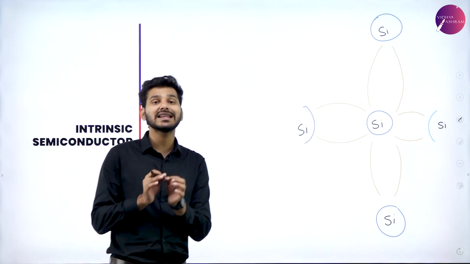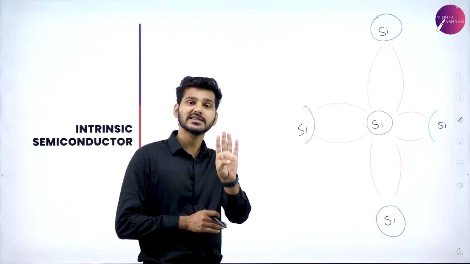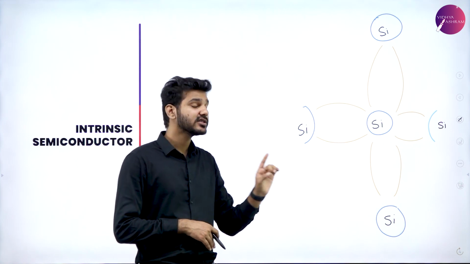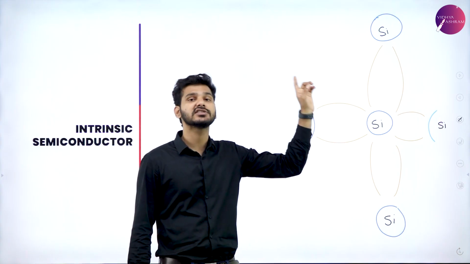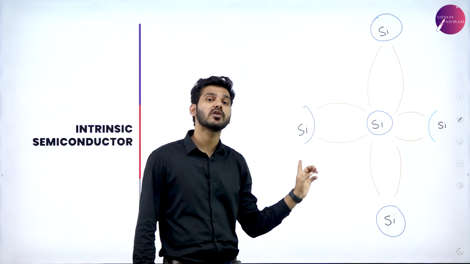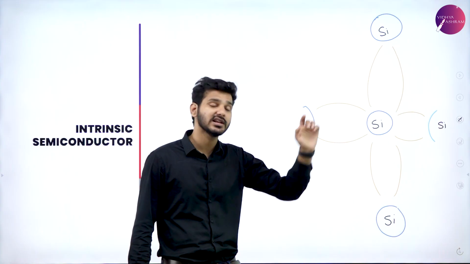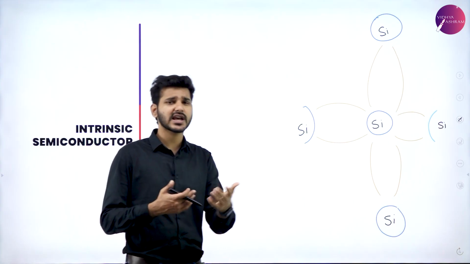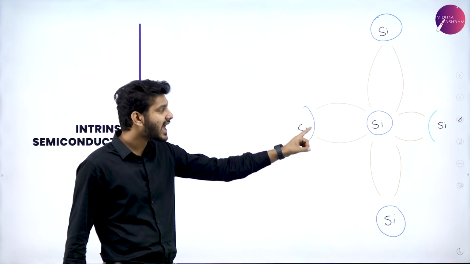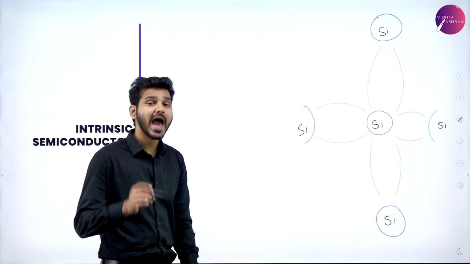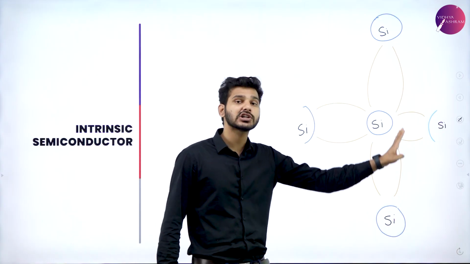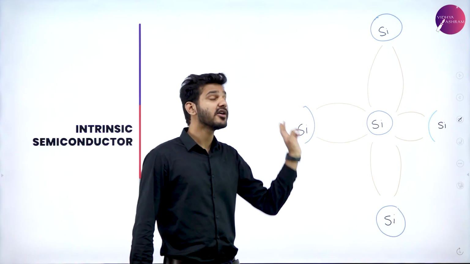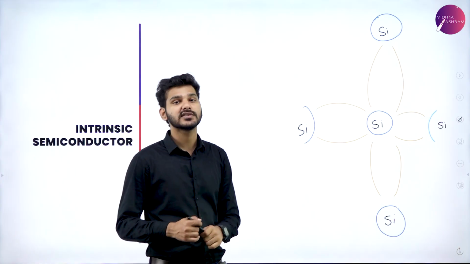And since silicon has a valency of 4, it means that there will be 4 atoms surrounding this particular central silicon atom. Or a more precise way to say that: silicon has a valency of 4 and these 4 electrons will be shared with 4 other atoms in the vicinity.